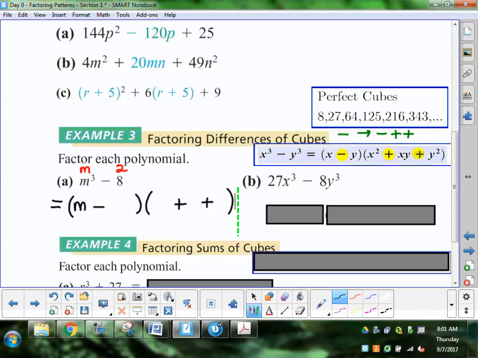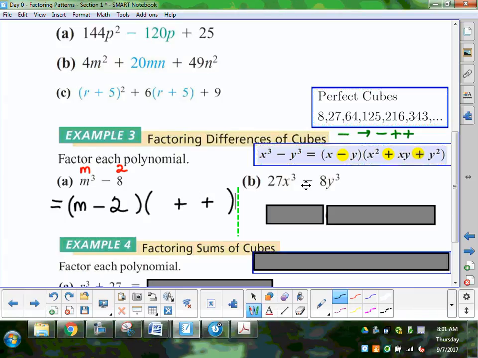So it's left, right. And then it is left squared. See how it says x squared? That's whatever's on the left. So your left squared, and then xy means left times right. And then the right is going to be y squared, or right squared.